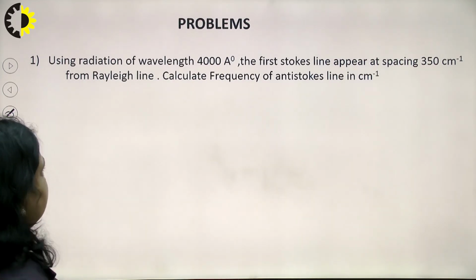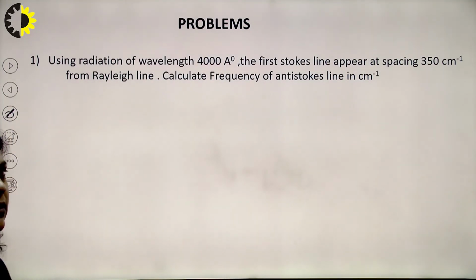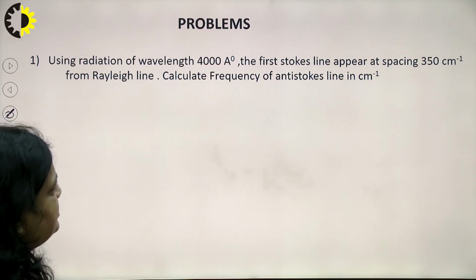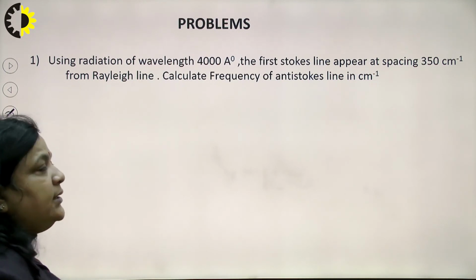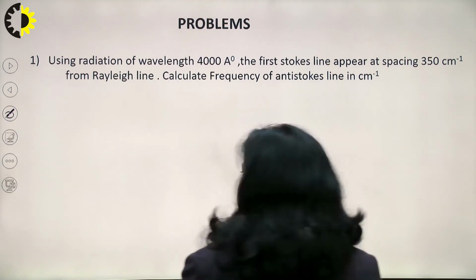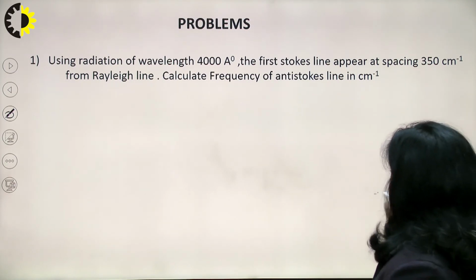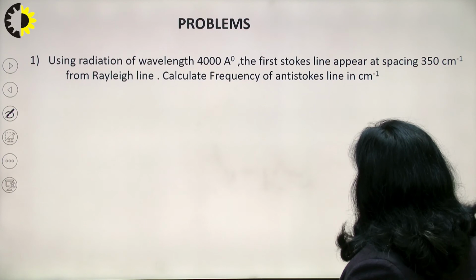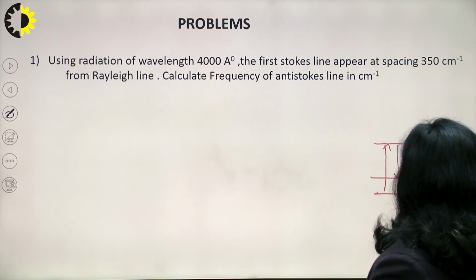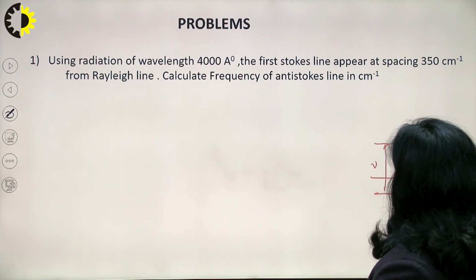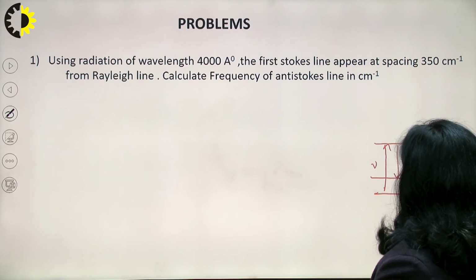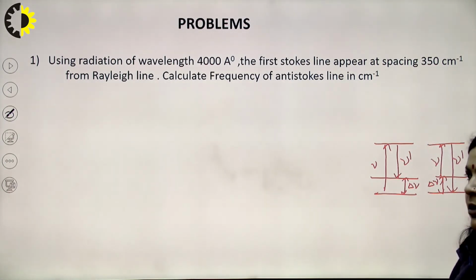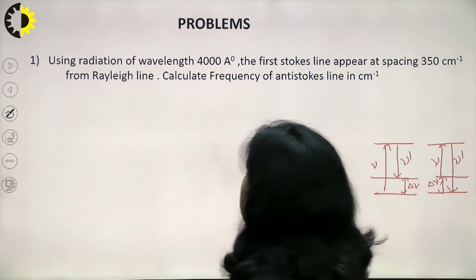Now, the second and last question is, using radiation of wavelength 4000 angstrom, the first Stokes line appears at a spacing of 350 centimeter inverse from the Rayleigh line. Calculate the frequency of the anti-Stokes line, and don't be confused between Stokes and anti-Stokes lines. When you start a numerical, at the corner or side, please draw like this, nu, nu dash, and this is delta nu. And we know that in Stokes and anti-Stokes lines, the shifting is the same, but only the sign is different.